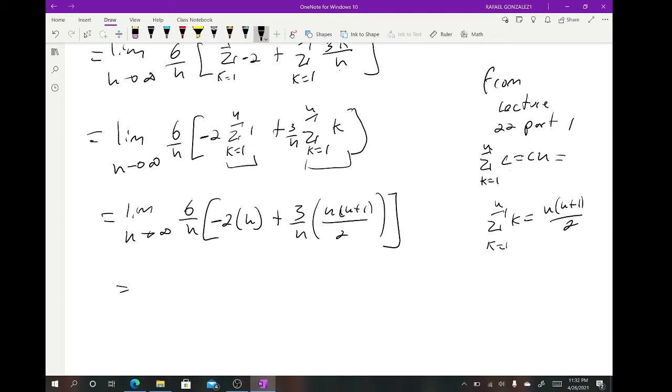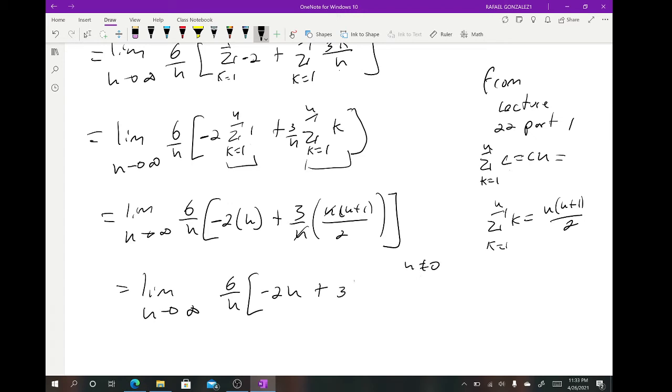Anyway, so let's simplify. Everything now is in terms of n, and we're taking a limit as n goes to infinity. So this actually is not looking too bad anymore, because this is something that we've been doing since day one of this class. So again, limit as n goes to infinity of 6 over n, and then we have negative 2n plus, and now here you could cancel out the n's, so long as n is not equal to 0.